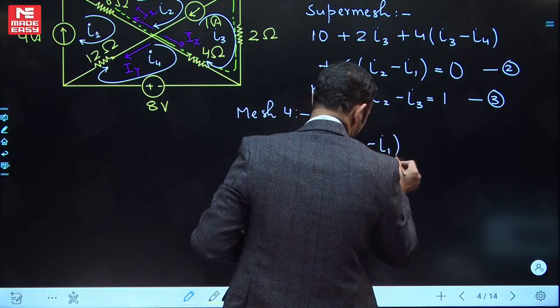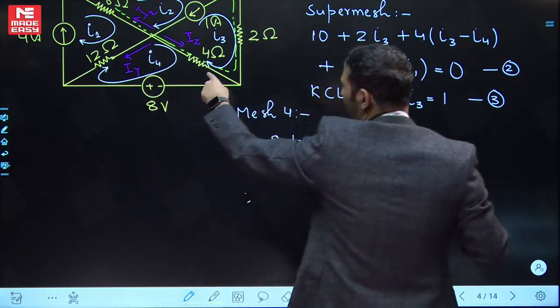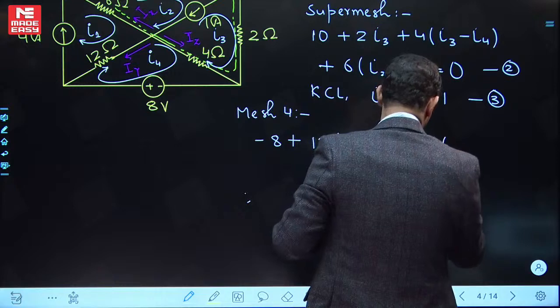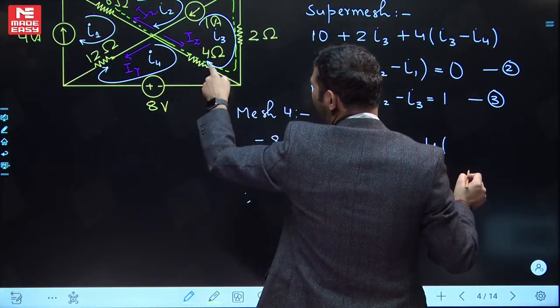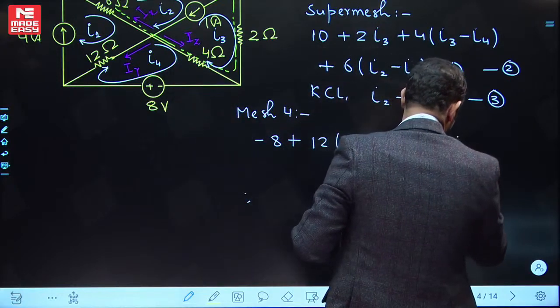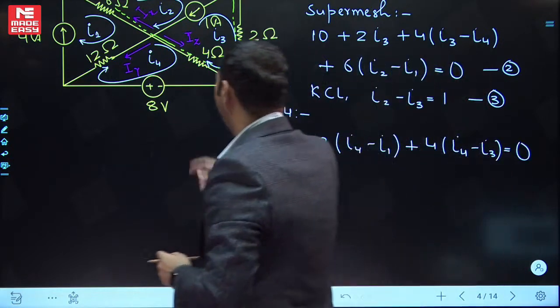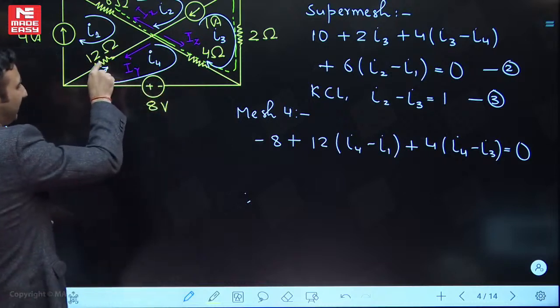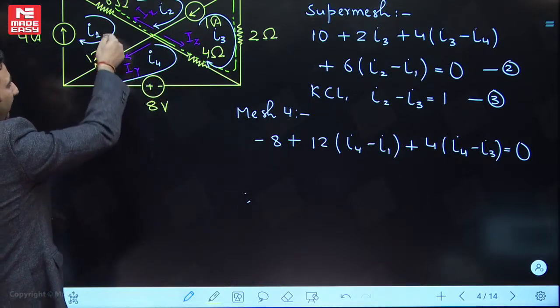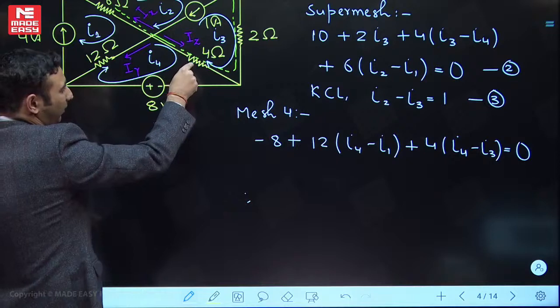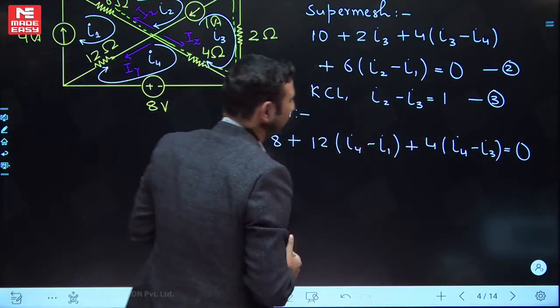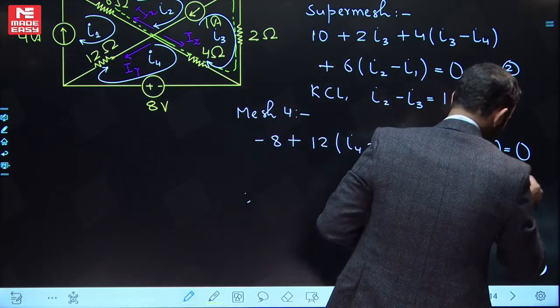Plus, reaching over here, 4 times the difference of these two currents, I4 minus I3, is equal to 0. Okay, moving from here, minus 8 came, two currents are flowing from this resistor, so I4 minus I1, and from here also two currents are flowing, I4 minus I3. This is equation number 4.